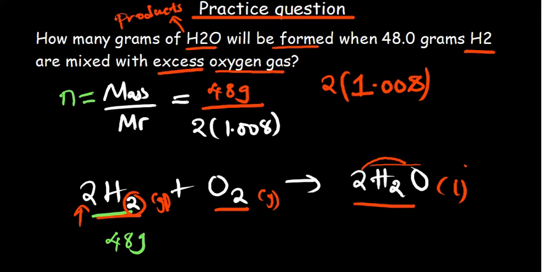Divide that into 48. So we have 48 divided by 2 times 1.008.